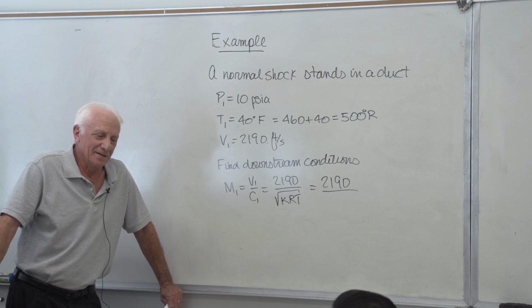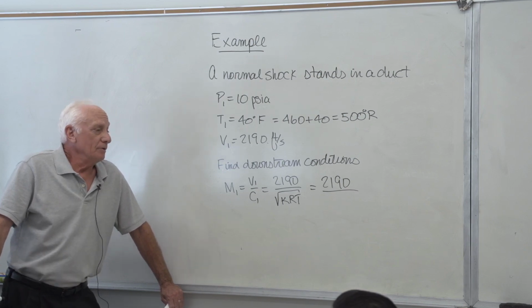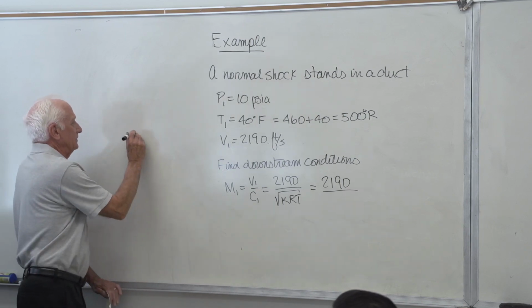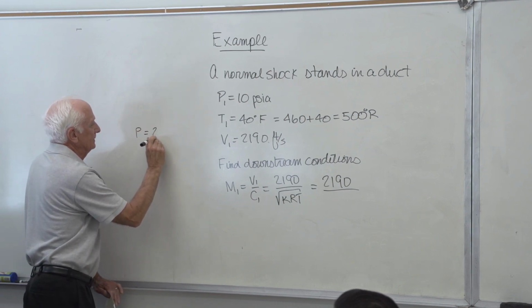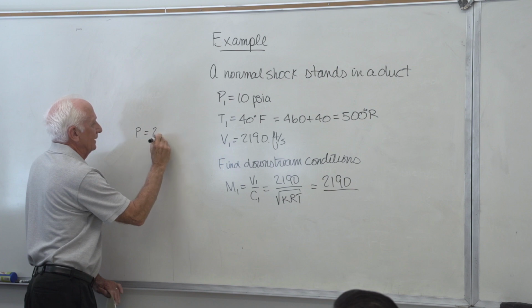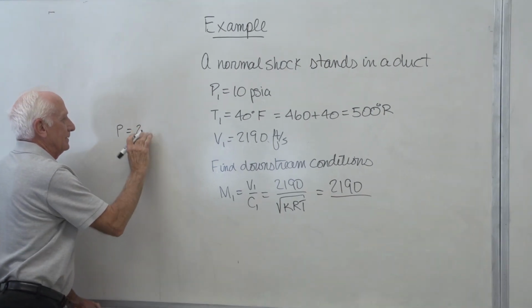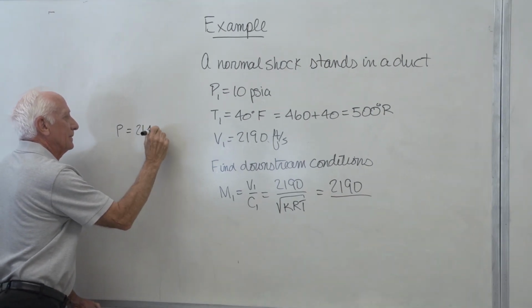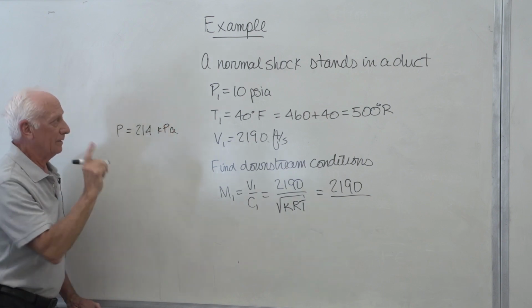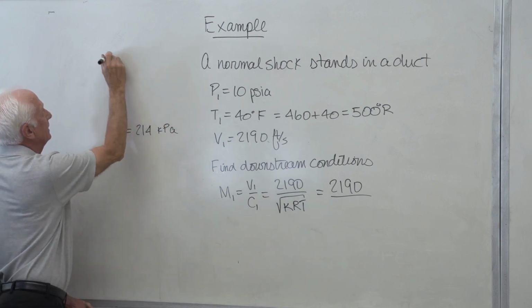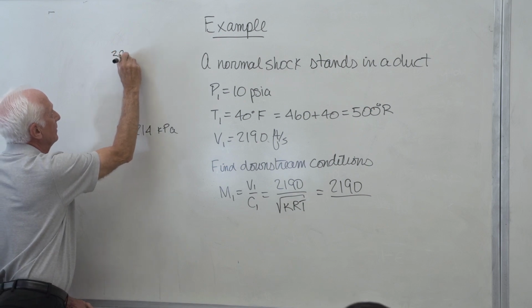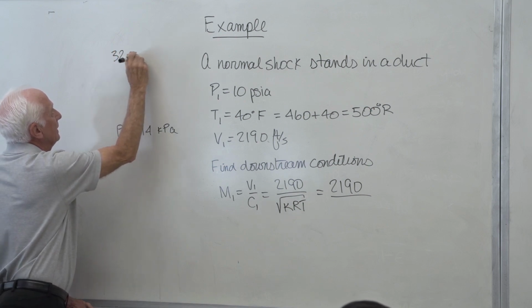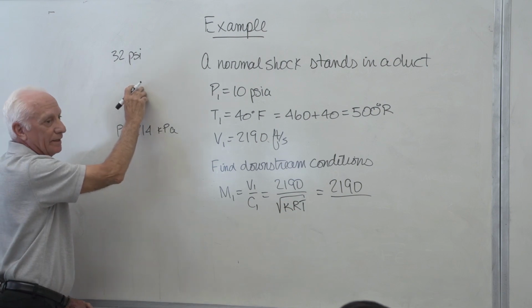So we say PSIA. If you tell somebody the pressure is 2,000 and 214 kPa. Now don't forget, let's say the pressure is 32 PSI in your tires, okay?